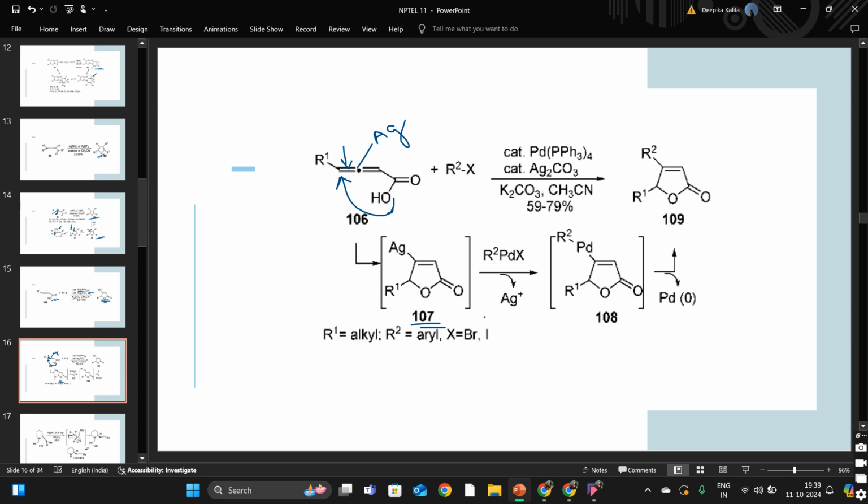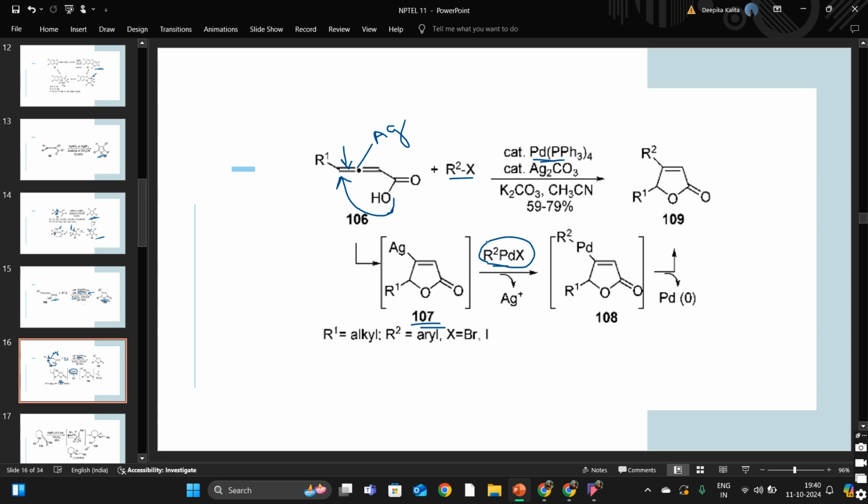Now what happens? We have this palladium catalyst and R2X in the reaction medium. So these two will undergo in situ reaction to generate R2PdX. And formation of these kinds of palladium complexes we have already come across in coupling reactions like Sonogashira, Heck, Suzuki, via oxidative addition of alkyl halide on the palladium 0 metal.